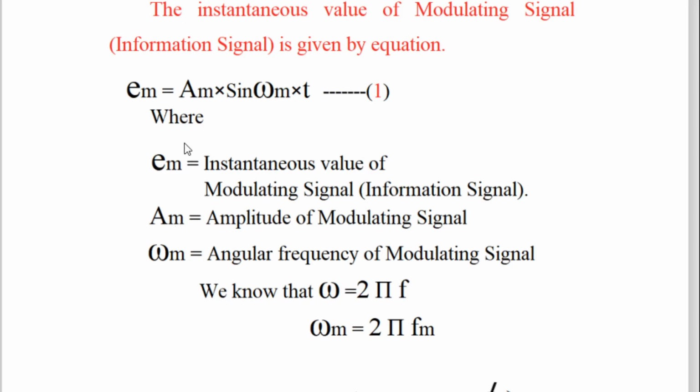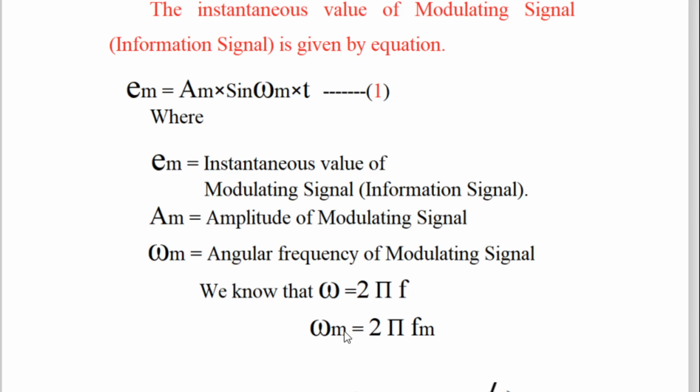What is Am? Am is the amplitude of modulating signal. What is omega m? Omega m is the angular frequency of modulating signal, because everything we are talking about is modulating signal. We know that omega is equal to 2 pi f.